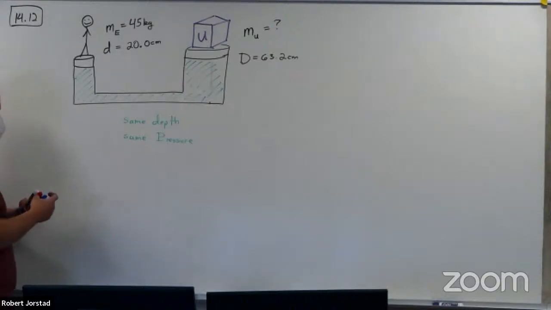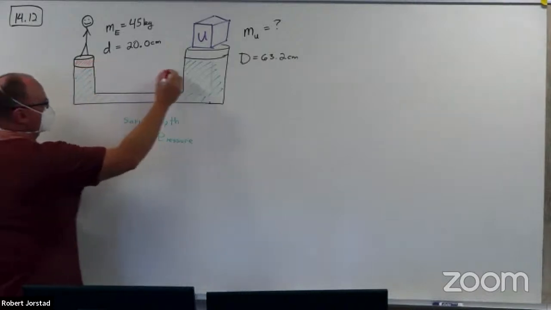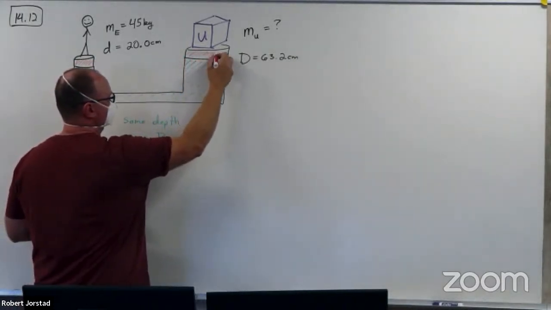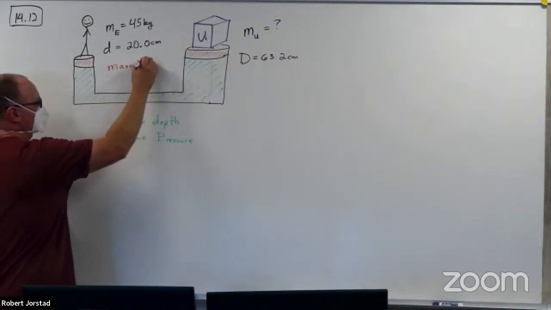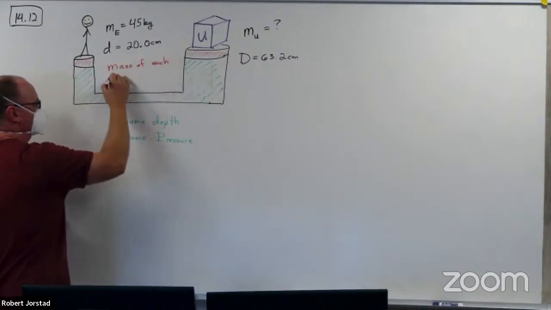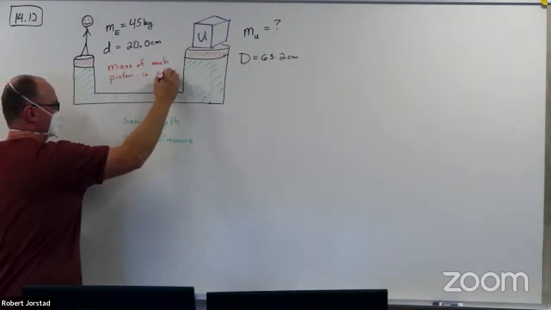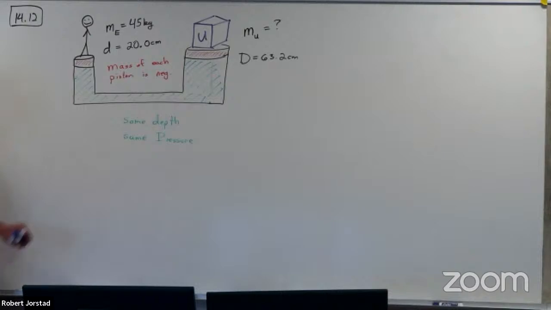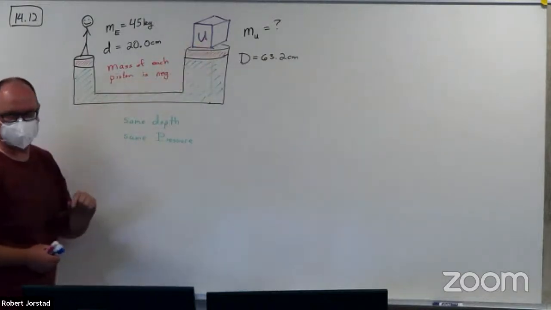And finally, I believe we're told that the mass of the pistons themselves is negligible. So we don't have to worry about the mass of the piece of metal that she's standing on, or the mass of this piece of metal that the uranium is sitting on.